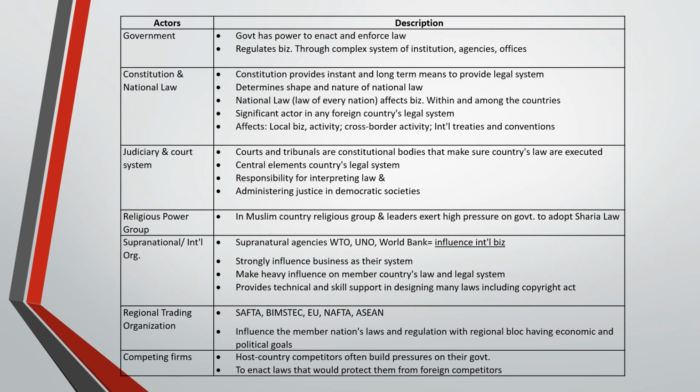They influence the member nations' law and regulation, with the regional bloc having economic and political goals. The competing firm, the host country competitor, often builds pressure on the government to enact laws that protect them from the foreign competitor.